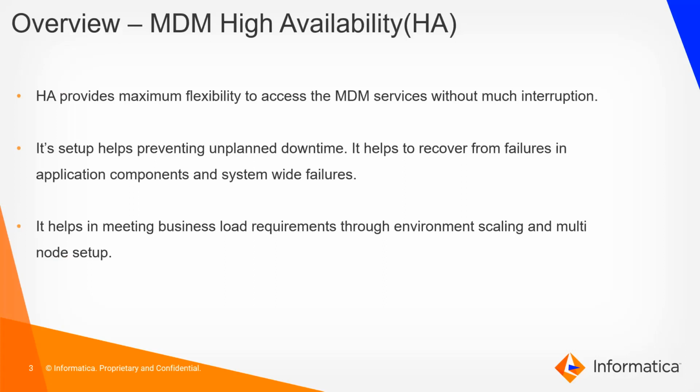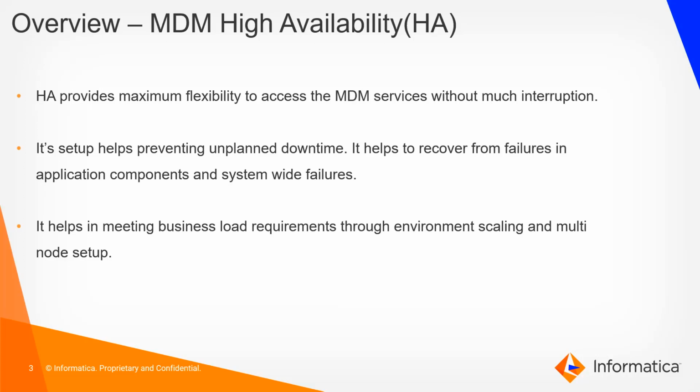HA provides maximum flexibility to access the MDM services without much interruption. That's typically what is expected out of HA: we should be able to access the services without any interruptions. Its setup helps prevent unplanned downtime, and it also helps to recover from failures in application components and system-wide failures.